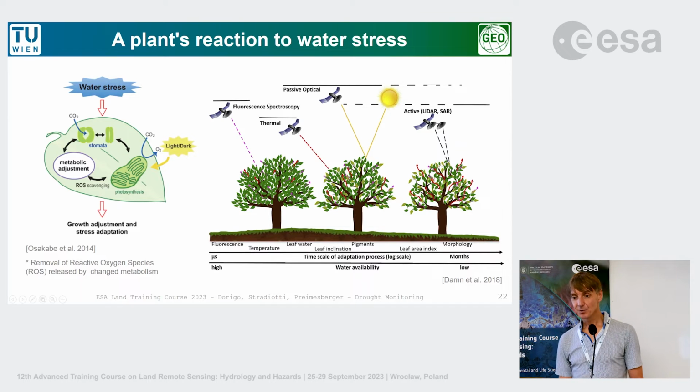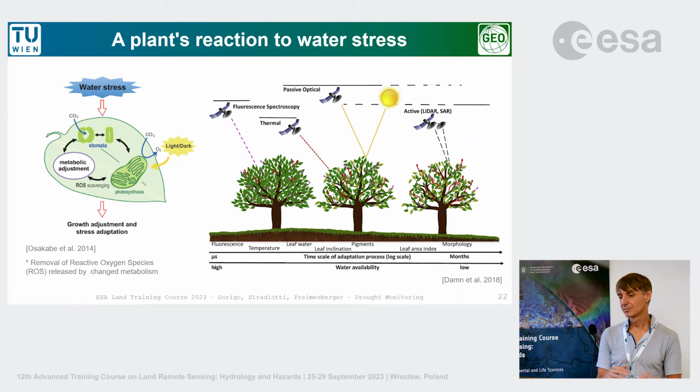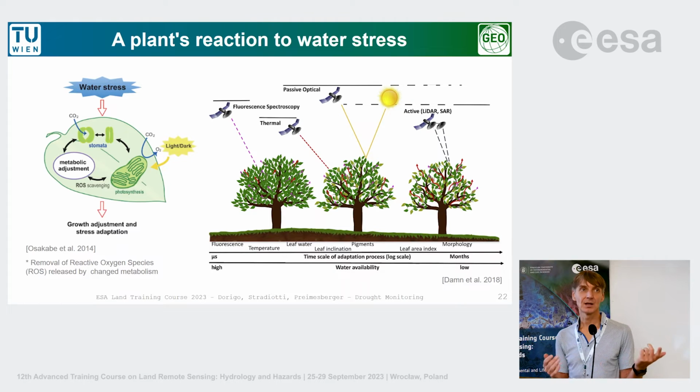And when there's stress, it can be a pest outbreak, but an obvious one is water stress, this signal that is emitted by the plant itself reduces immediately. So fluorescence is one of the first signs of the plant's reaction to stress, like water shortage.